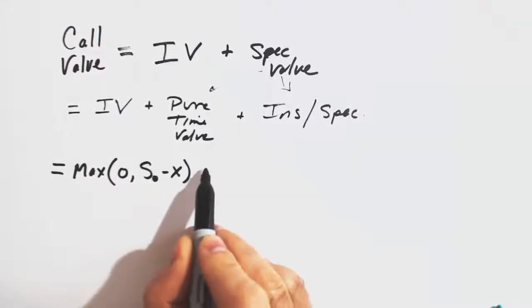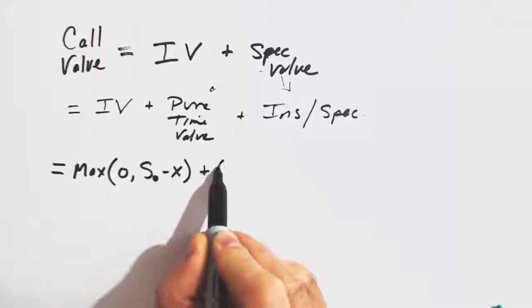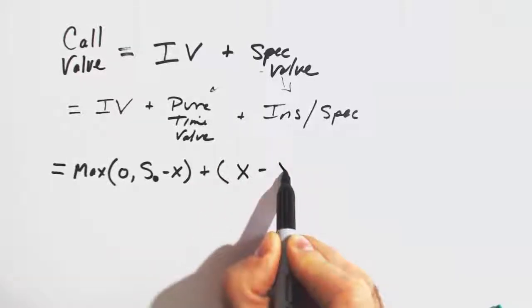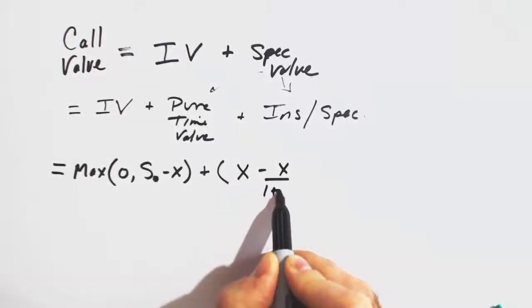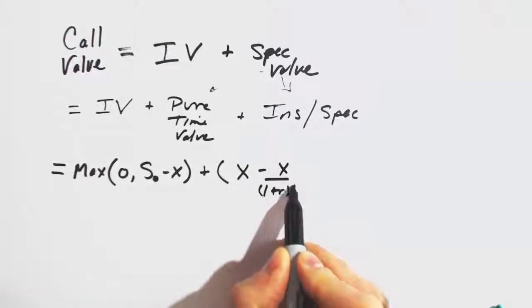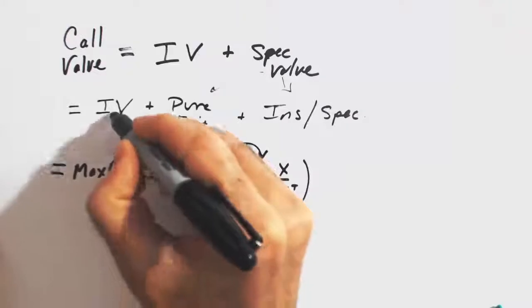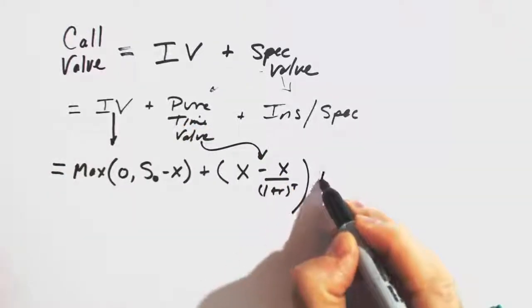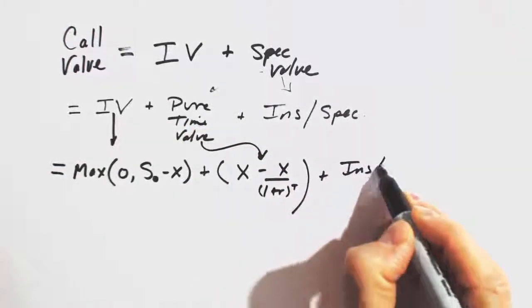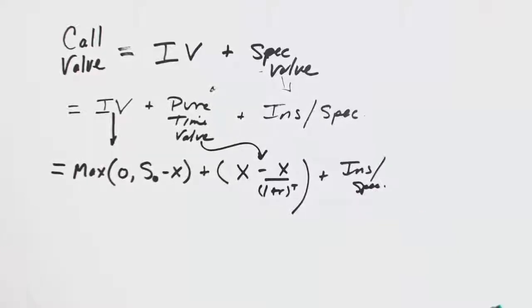So here's the intrinsic value. And then what I'm going to do is add an X minus X present value. So X minus the present value of X, and I'm calling that the pure time value. This was the intrinsic value. And then anything left over is the insurance or speculative value.